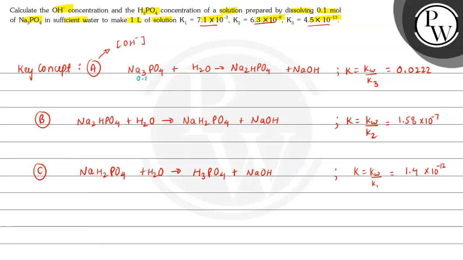Let the amount of Na2HPO4 formed be X in this case, and NaOH is also X. So Na3PO4 remaining is 0.1 minus X.